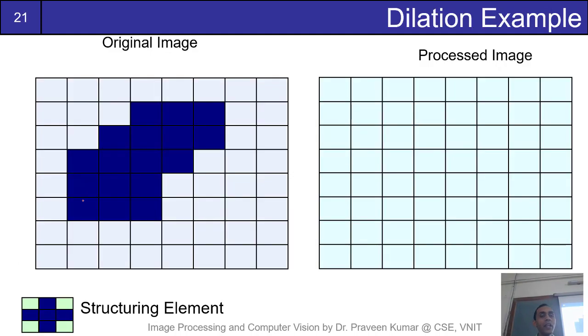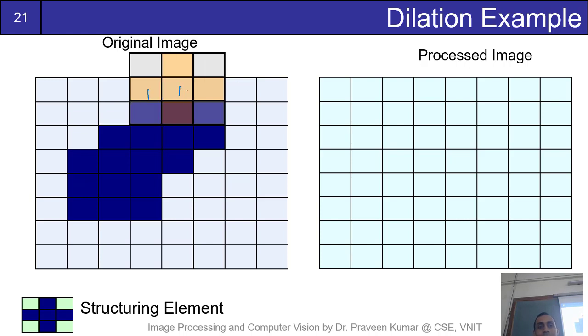So if you take this structuring element and this original image here, and apply the dilation operation, what should be the result? So again take this, run over it, where it will be 1 first. Here it will be 1. No. Here, yes. So this location will become 1.